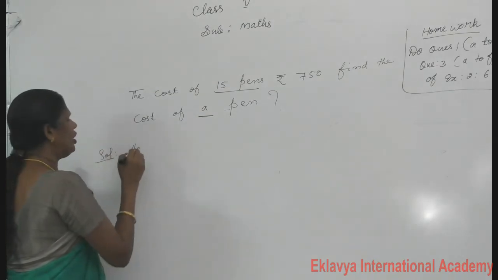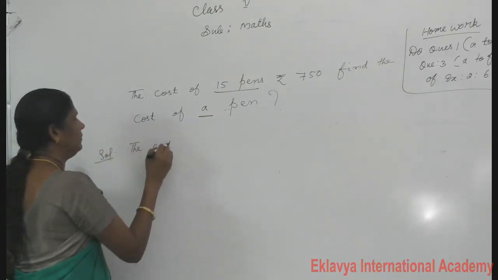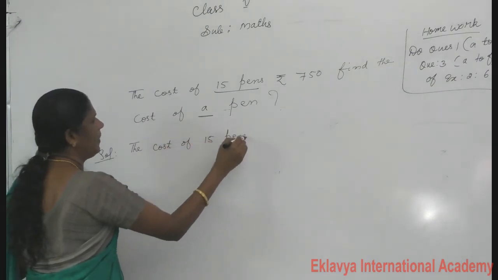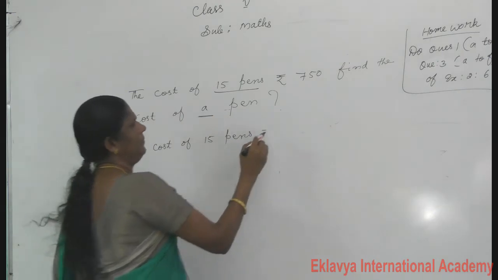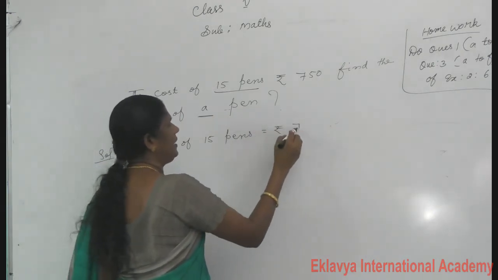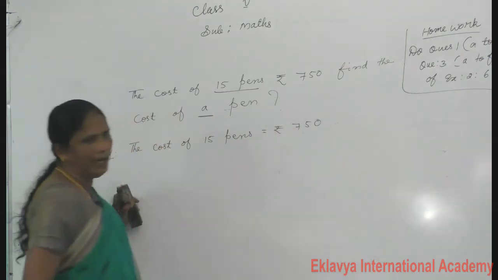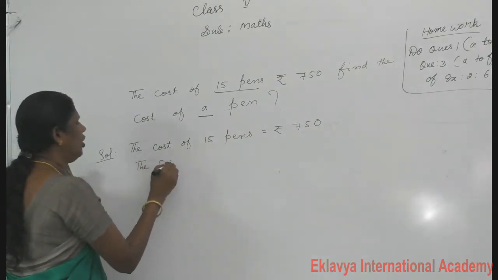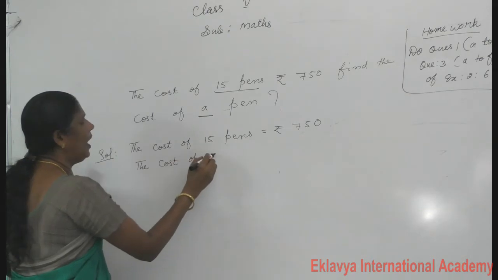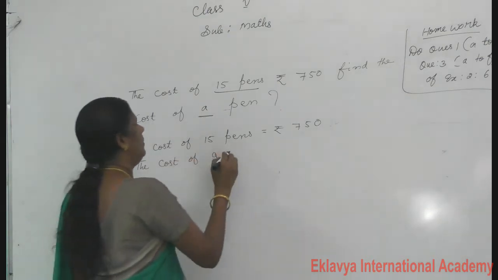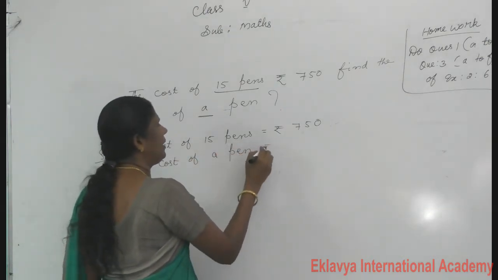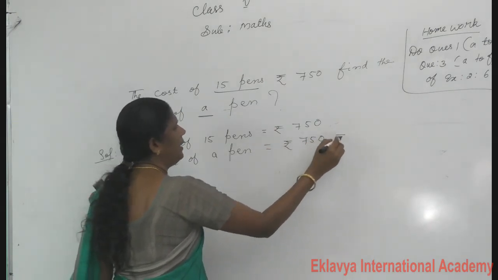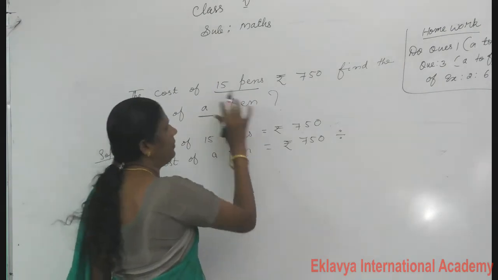Then solution. The cost of 15 pens is rupees 750. Second line: the cost of a pen is equal to rupees 750 divided by 15.